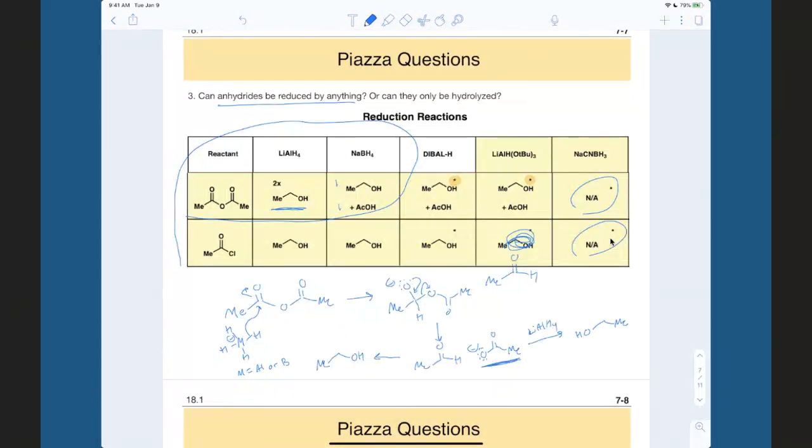So in the case of sodium borohydride, we get one half of the molecule completely reduced, and the acetate just goes to acetic acid after workup. And lithium aluminum hydride just reduces everything, and both get turned into alcohols.